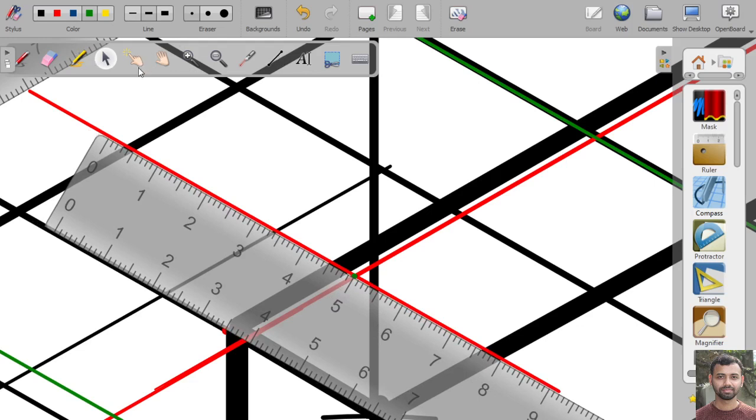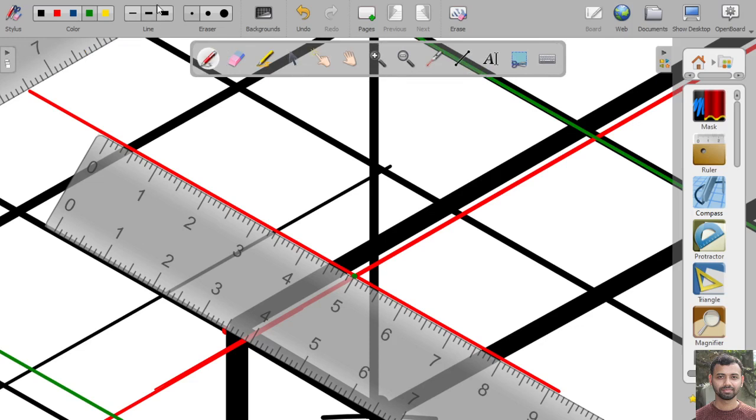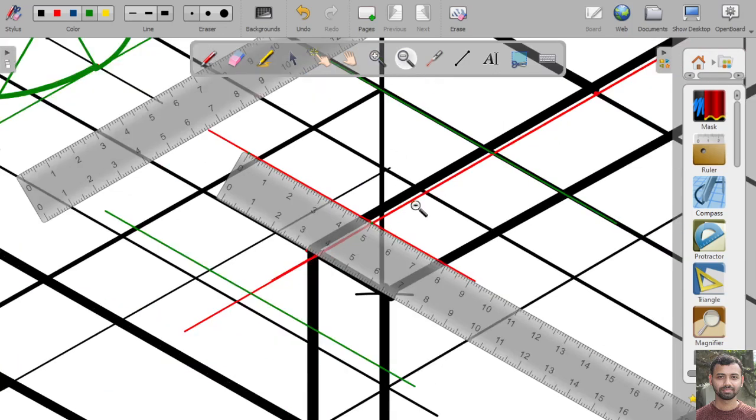So here it is. Okay. Similarly here also the point will lie at this point.